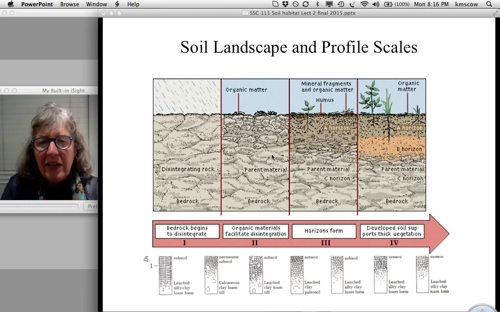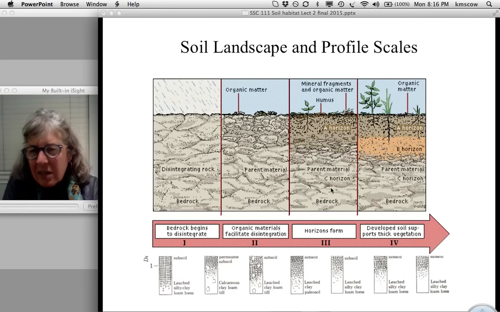So my point here is just as you move across a landscape, you're going to run into many different kinds of soils with very different horizons at a bigger scale. And I'm not going to talk much more about this, but this can very much influence the biology of the soils. If you have a soil that looks like this versus this, you can imagine big differences.